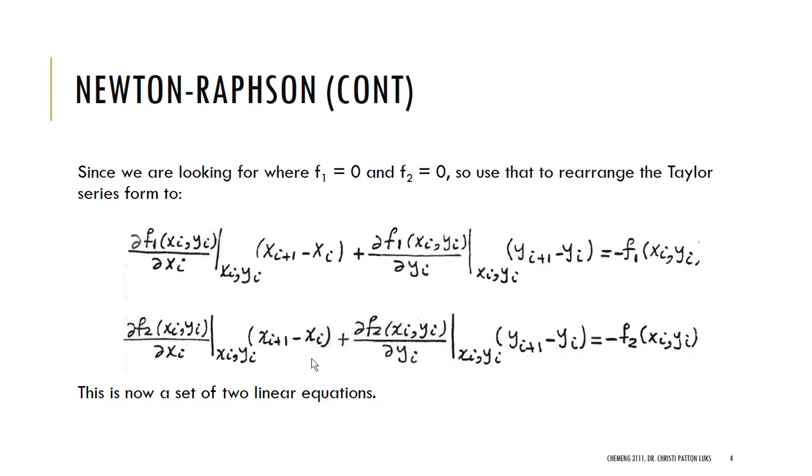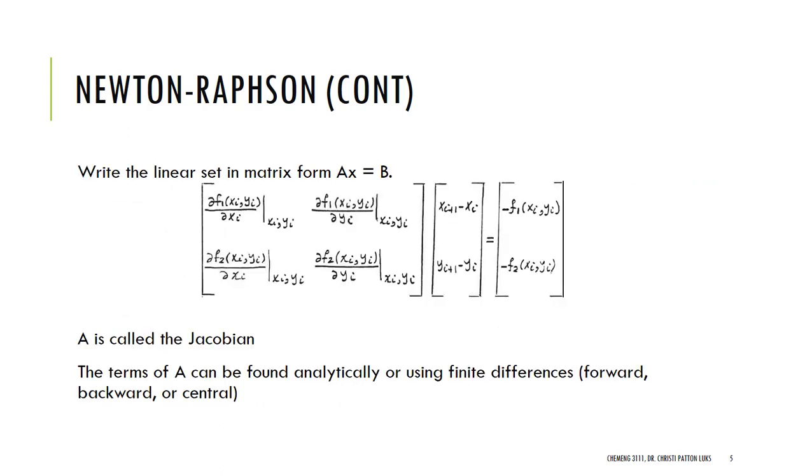Now, this is a system of two linear equations. So I still have two equations that need to be solved simultaneously, but now it's linear, and I have a whole slew of solution techniques available for that. One of the easiest is to set it up in matrix form.